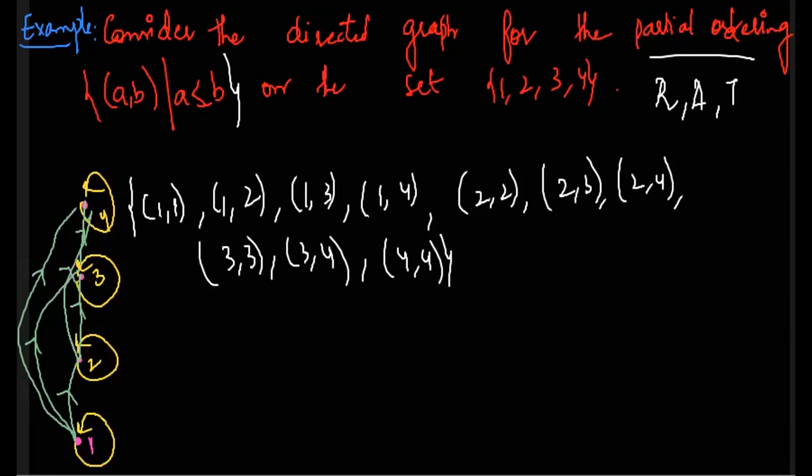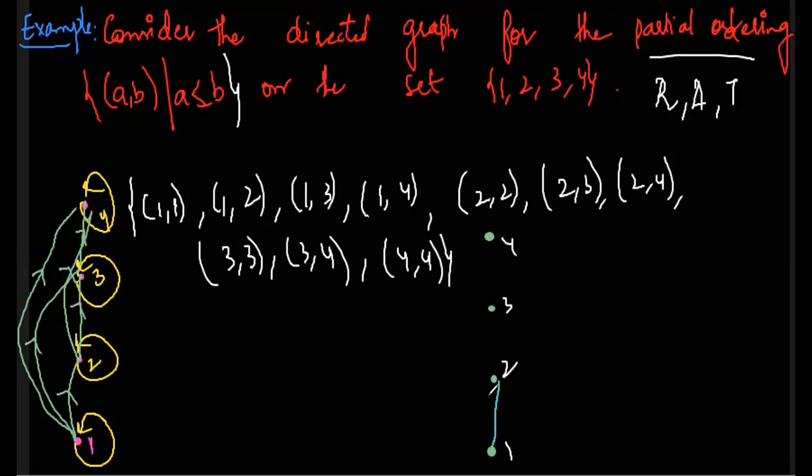So again, let's continue with our second graph, that is, our second step. These are your vertices again, which are represented as 1, 2, 3, 4. We are not drawing the loops in the second step, so we will just draw the remaining relations.